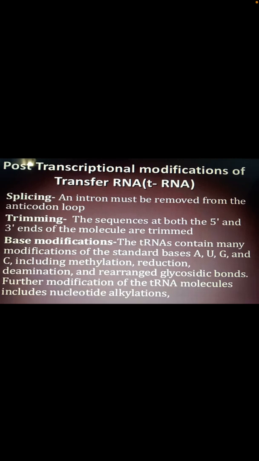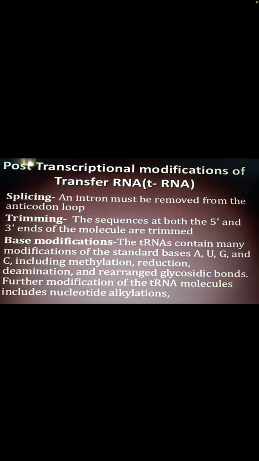Just like the post-transcription modifications of messenger RNA, we also see different types of post-transcription modification on the transfer RNA, which is made from RNA polymerase type 3. Splicing also occurs, and trimming of the different ends of the transfer RNA occurs, as we have all studied in first year biochemistry, in the chemistry of nucleotides, that transfer RNA has a clover leaf-like structure.